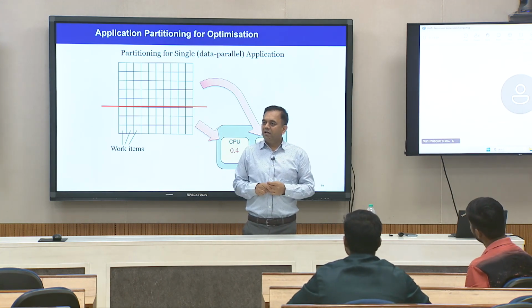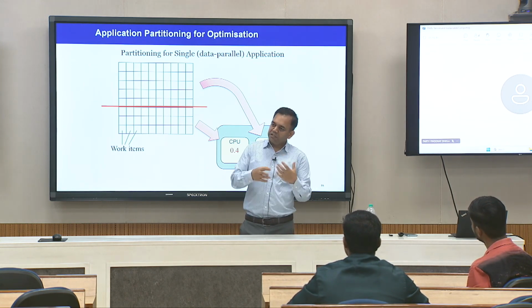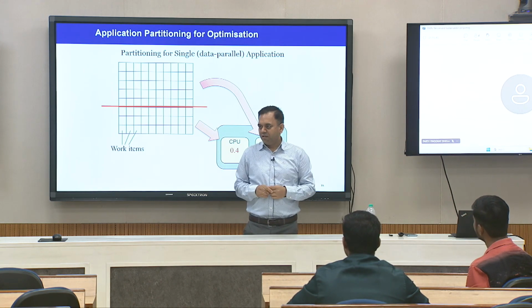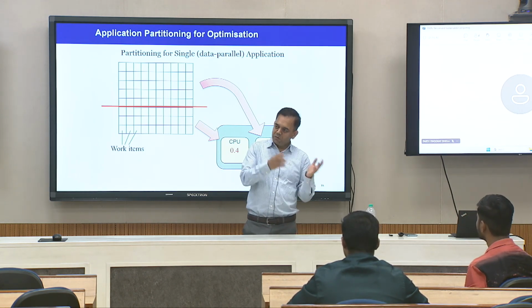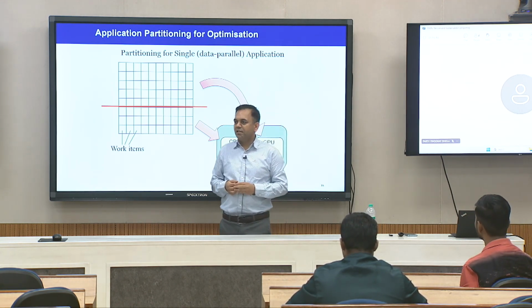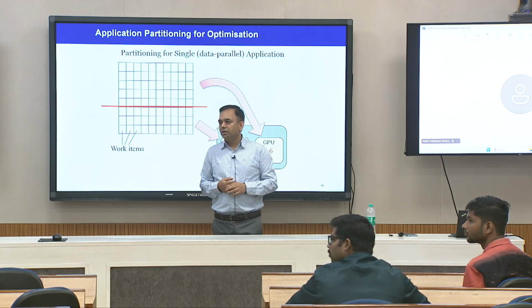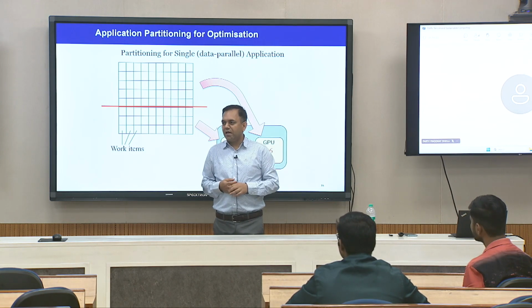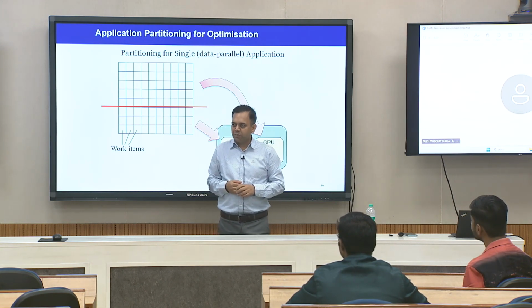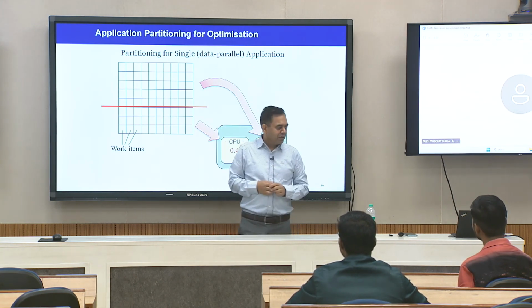Then you can decide what exactly you want to achieve. If you want low energy, you choose this kind of partitioning. If you want high performance, you choose this kind of partitioning. Performance includes latency, timing and throughput, mainly latency and timing.